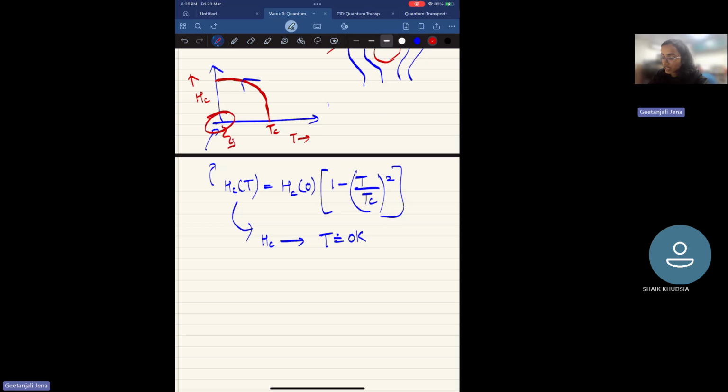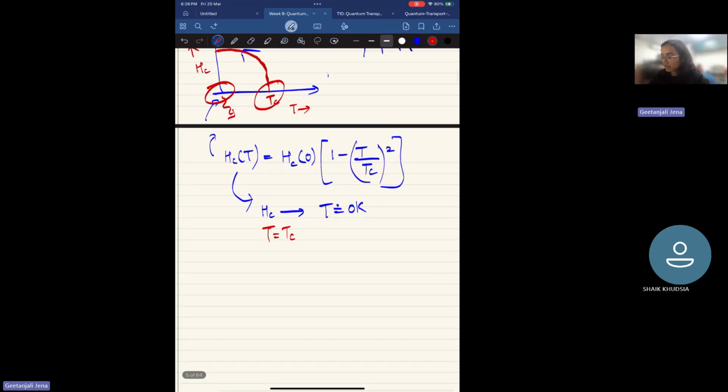For temperature 0 K, we have a maximum critical field. But for temperature T equal to Tc, this point here, the critical field is 0. Okay. So this is about what will happen when we increase the magnetic field and what is the Meissner effect.